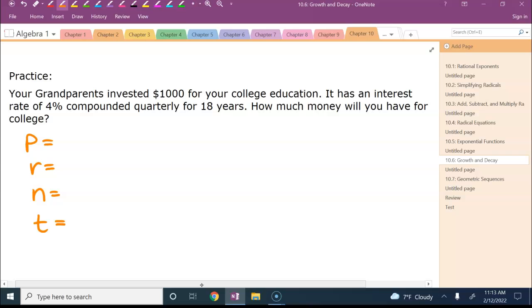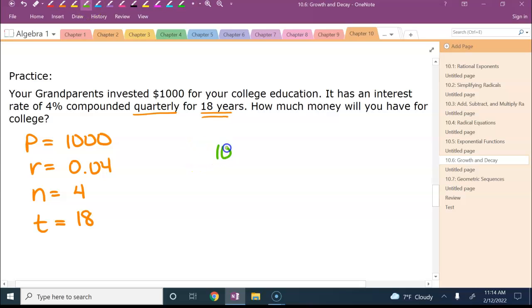So your grandparents invested $1,000 for your college education, so that's your principal amount. It has an interest rate of 4%, so 4% as a decimal would be 0.04. It was compounded quarterly. Quarterly means that it happened 4 times every year, and it was done for 18 years. We want to figure out how much money you will have for college.